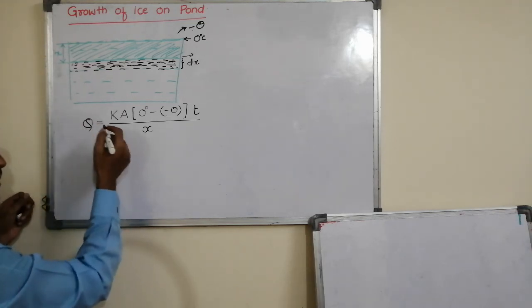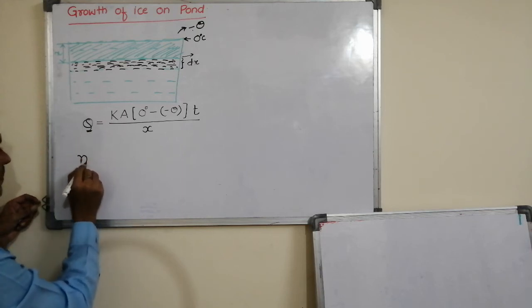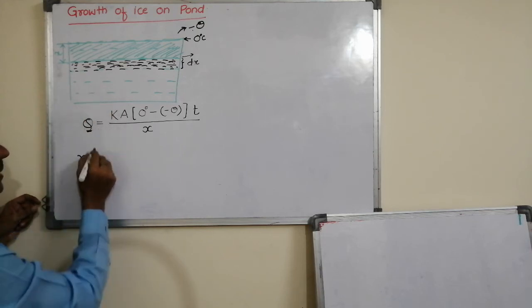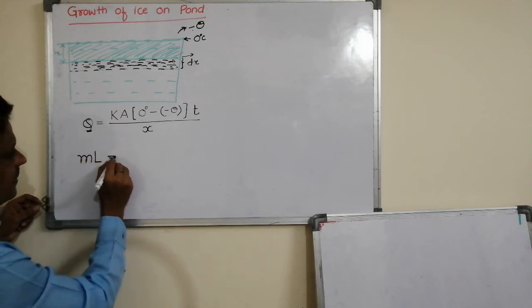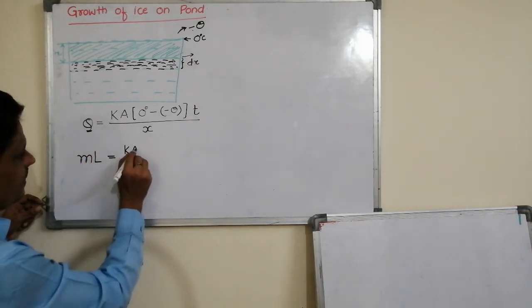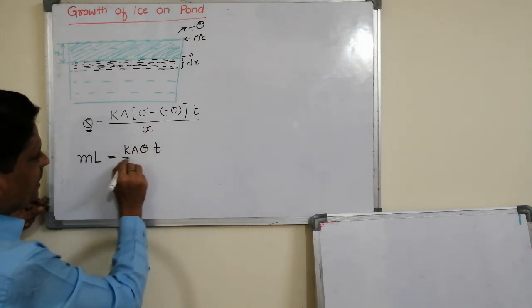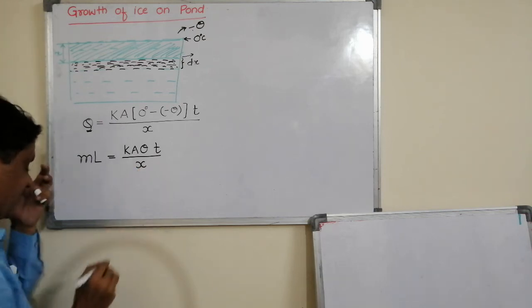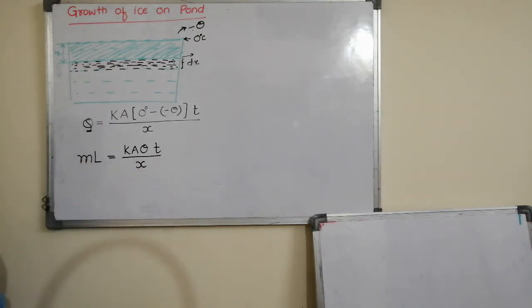Before going to that, this Q is nothing but, to form the ice, Q is equal to m into L, equal to K A theta t by x. Here m means the amount of ice which is forming.